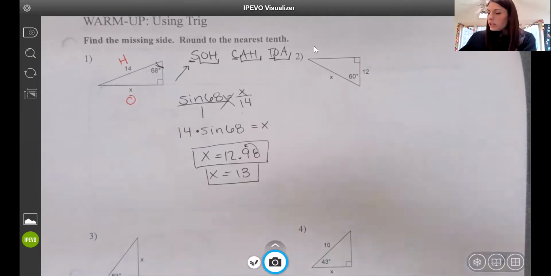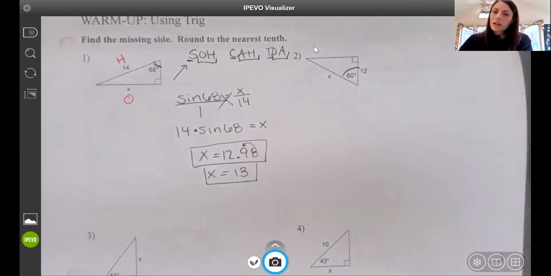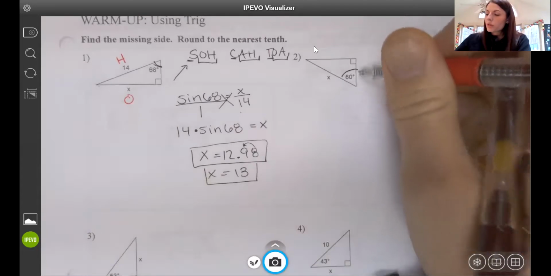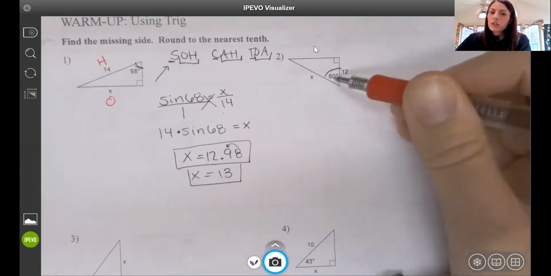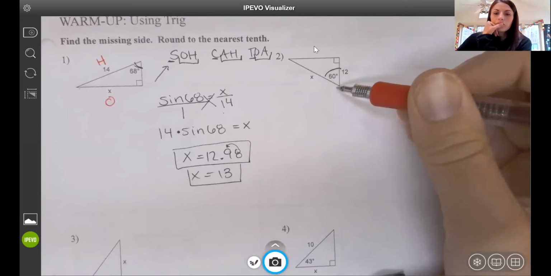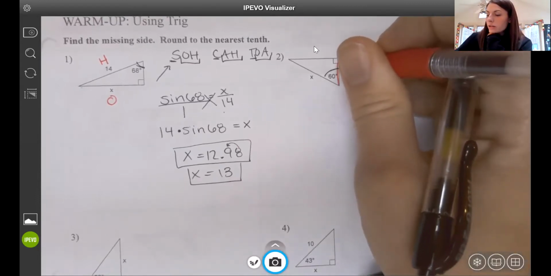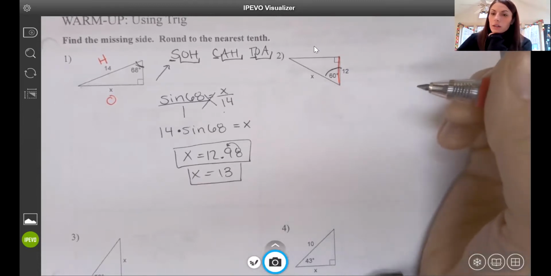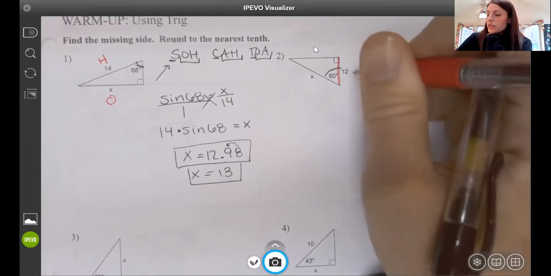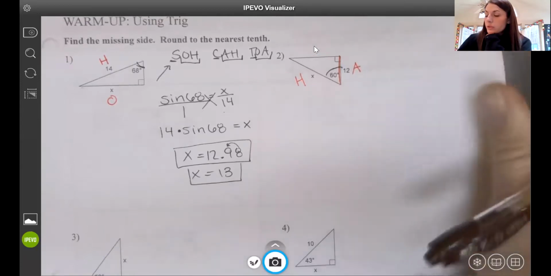Now looking at our next example on this warm-up, here's my angle. The side that's 12 would be my what side in relationship to 60? It's connected to the angle, which means it is adjacent, exactly. And then across from 90 degrees is my hypotenuse.